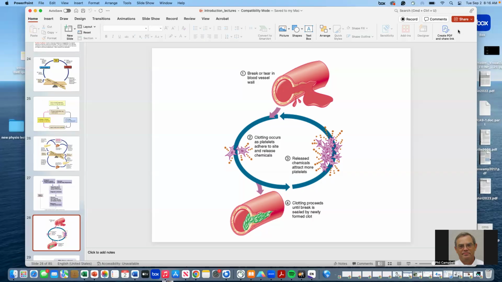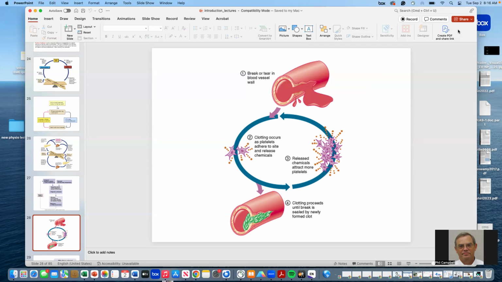All right. Now, we'll talk about the details when we get into the circulatory system and how this works. All I want you to realize at this point is that you have a hole in a blood vessel and you're losing blood. That's going to initiate a cascade of events that will essentially result in closure of that hole.